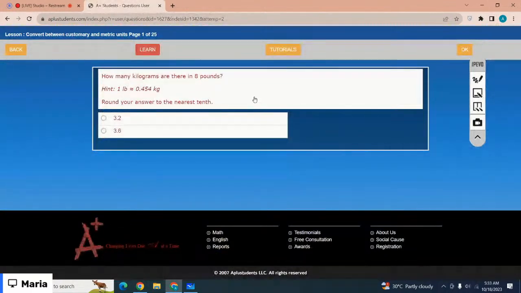And we know that 1 pound equals 0.454. So what you have to do is simply 8 times 0.454.